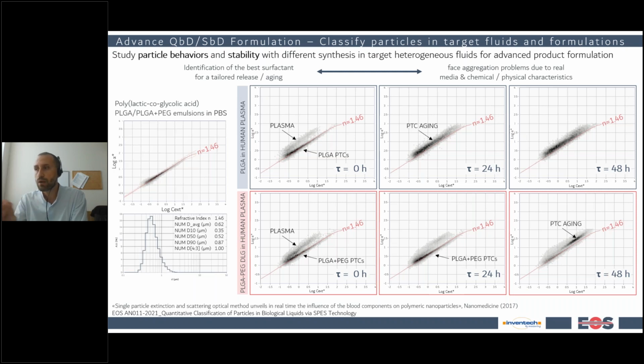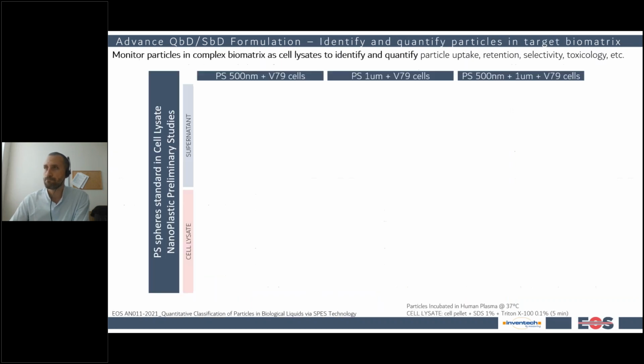And we published also papers. There are many references on our website about the capability of the method to identify and monitor particles, also in very complex systems such as unfiltered blood. So in case of very complex systems, you can measure particles, also in those cases.